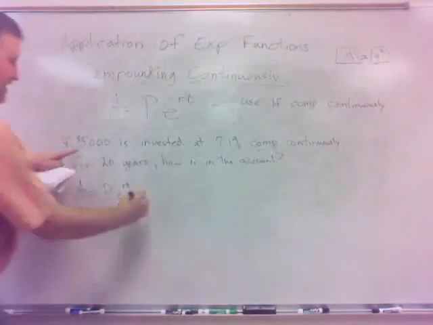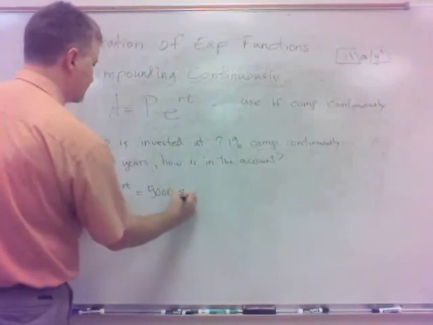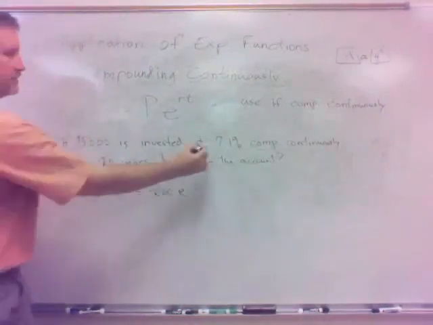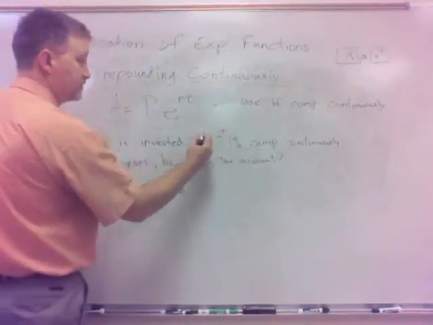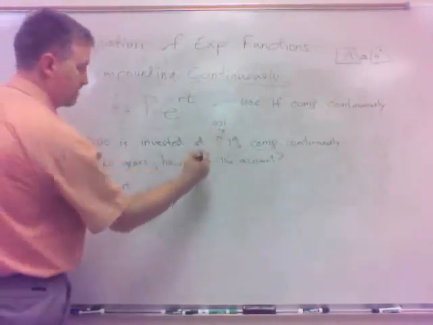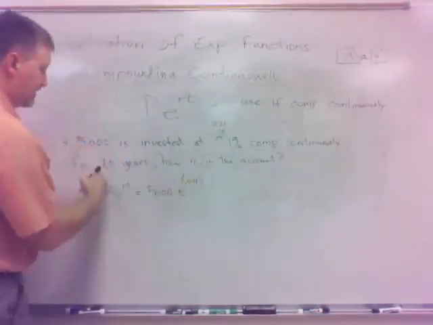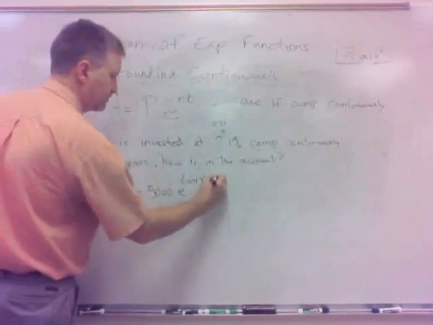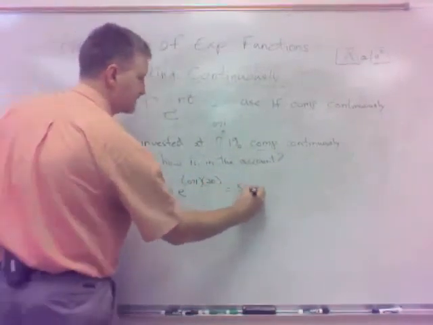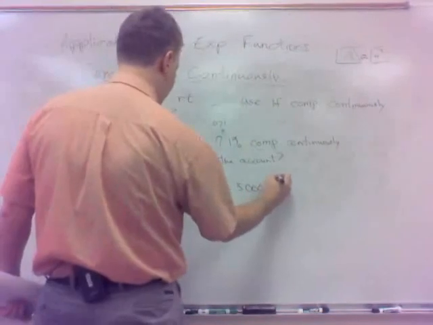So that'd be what? 5,000 times E to the, what's the R? Well, again, you got to move it 2 places back. Don't forget, even if there's a decimal already, move it 2 places back, so it's 0.071 times T, time in years, is 20. So it's 5,000 E to the, what would that be, 0.142?